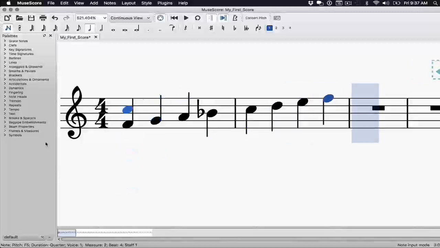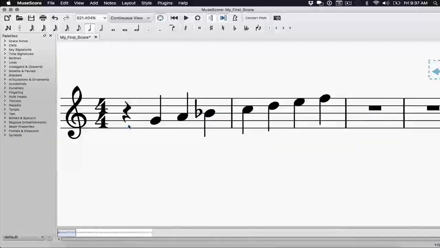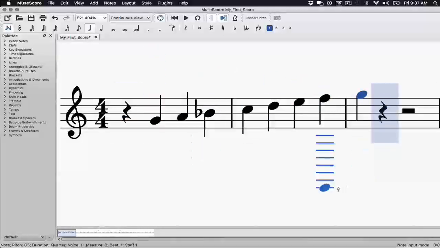Okay, so now I have an F major scale. Now, getting back to that G Dorian, all I need to do is rotate this by one, keeping the same notes. Now I have a G Dorian scale, because I took that scale, rotated it by one, kept the same key signature, the same notes, and that got me the Dorian scale.